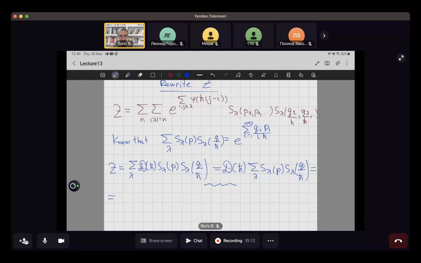And so you see that we started with this red formula for the series z, and obtained this blue formula, which is a formula for z in terms of operators. These operators act in the Fock space of infinite power series in p variables.